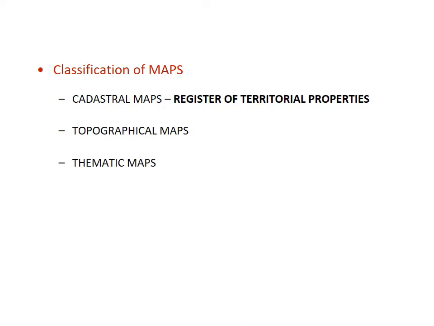Those are the maps that show topography or land contours by means of contour lines. These maps usually show the contours and also other significant features such as streams, water bodies, forest covers, built up areas, road networks, railway networks, and other features and points of interest.